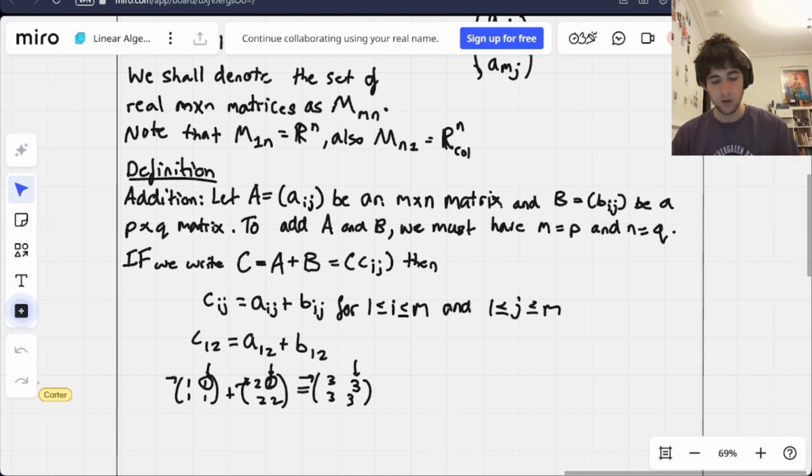And of course, i cannot be bigger than M because our matrices A and B are M by N. So it must mean we have M rows and, sorry, actually I meant 1 less than or equal to j less than or equal to N, not M, sorry, that was a typo.